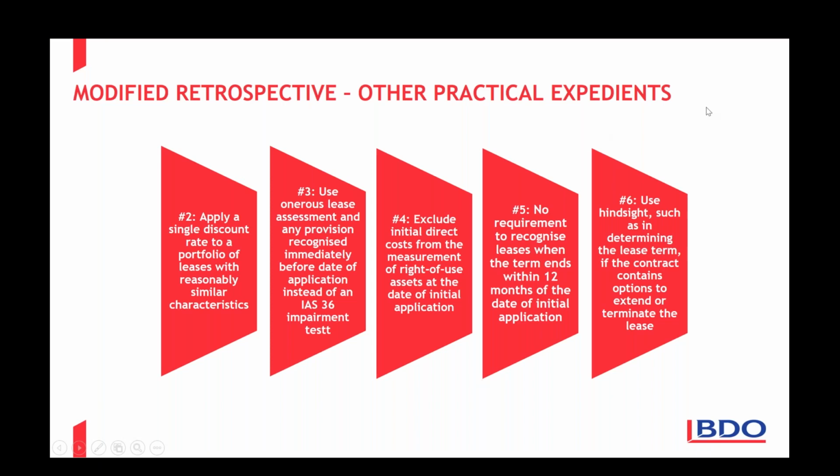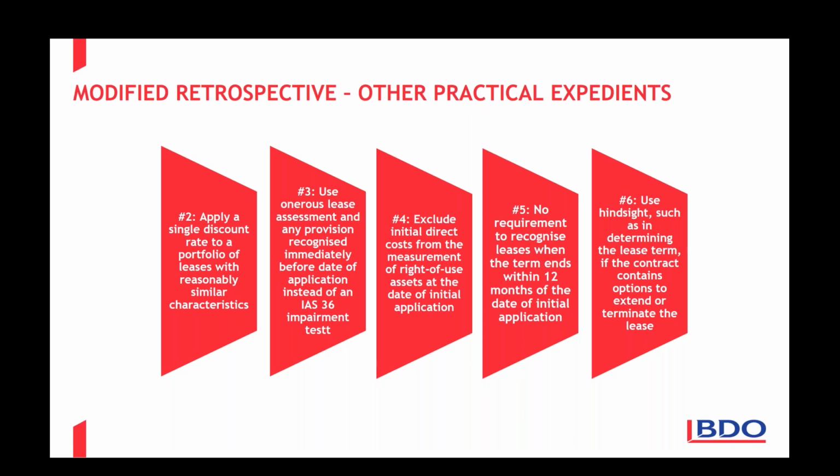Now, I'm not going to overdo practical expedients, but just saying that practical expedients number 2, 3, 4, 5, 6, the 5 of them are available to modified retrospective approach. The second one, we've just numbered them for ease of use. The second one says you apply a single discount rate to a portfolio of leases when they've got reasonably similar characteristics.